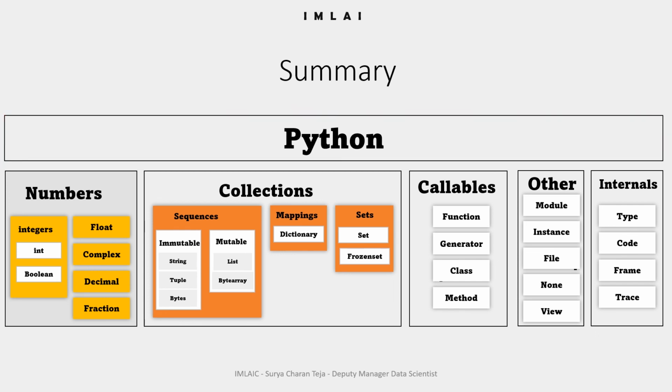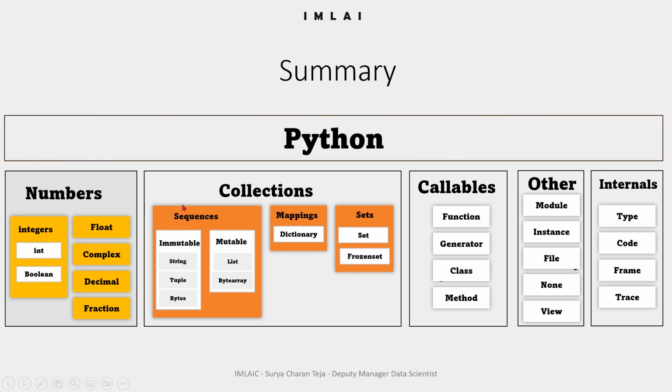Though it is an ordered collection, some sequence objects are mutable, some are not. Let's see which one is mutable and which one is not.